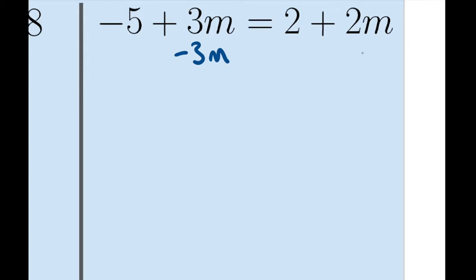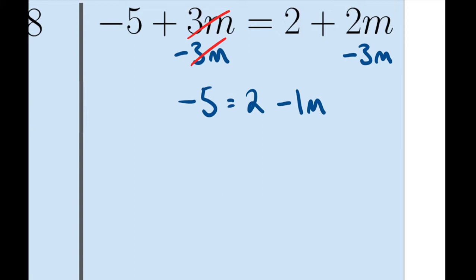I'm going to do the same thing to the other side, minus 3m. One side will cancel out. I'm left with negative 5 equals 2 minus 1m. So now when I've gotten rid of the variables on one side, I end up with a negative coefficient, which is fine. All that's going to mean is that in the end, when I divide, I'm going to be dividing by a negative number.